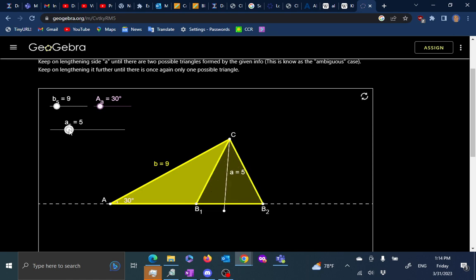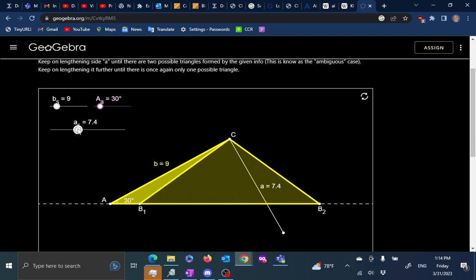You go past that, then there are two solutions, and then you keep going, and one of these solutions, this one, is going to fall behind the vertex A and becomes unacceptable because the angle is no longer 30 degrees. So we start at no solutions, then there is one, then there is two, and then it goes back to one again. So many possibilities, and you want to perhaps play with this demo, get a sense of what is involved, and solve accordingly.